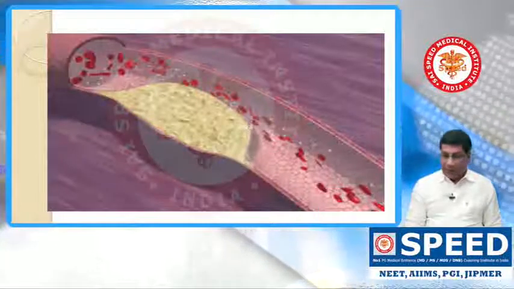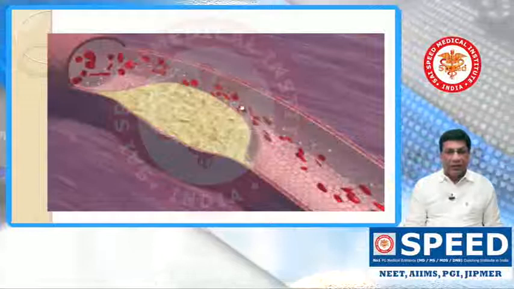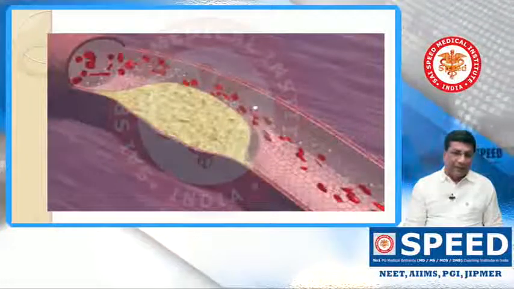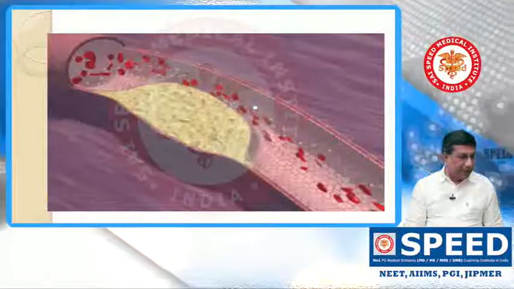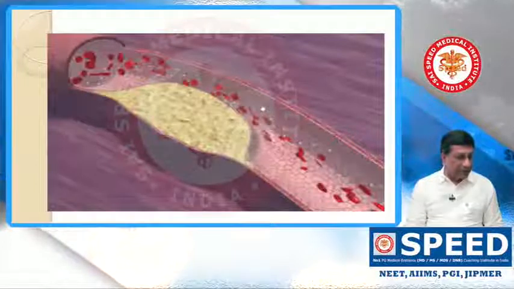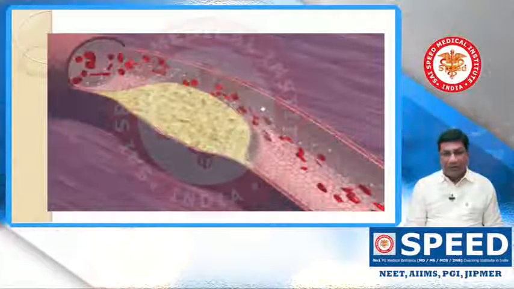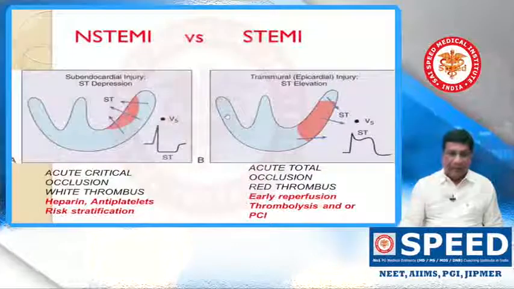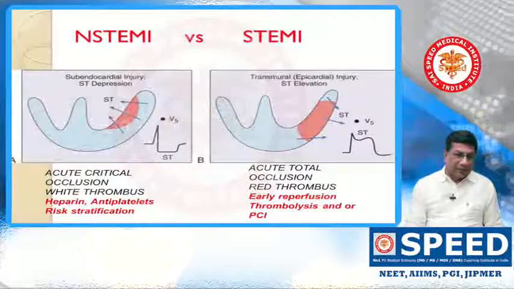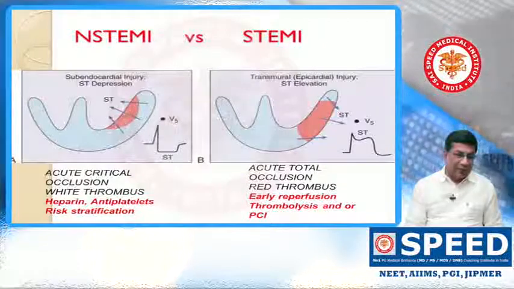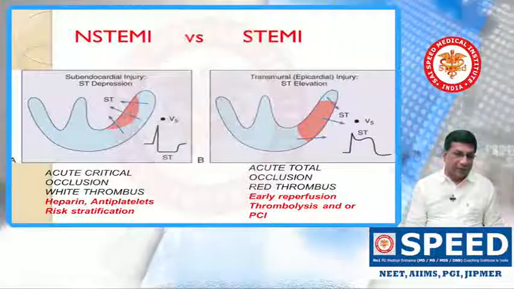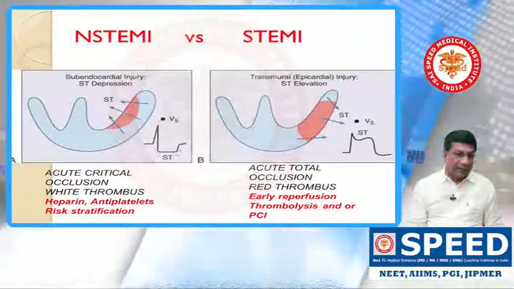If the plaque ruptures and the thrombus formed critically narrows an artery, and it is a thrombus rich in platelets, a white thrombus, the patient will present with a non-ST elevation situation: critical occlusion, white thrombus. Whenever the patient comes with acute chest pain with a subendocardial injury, the injury is predominantly inside the wall of the myocardium, and the patient will present with ST segment depression.